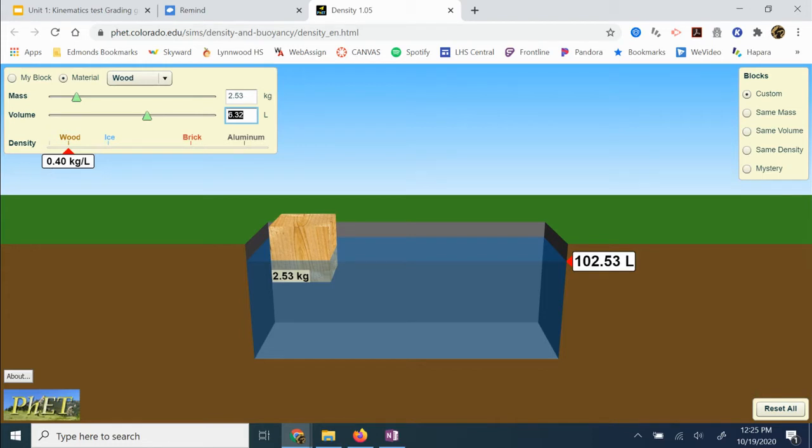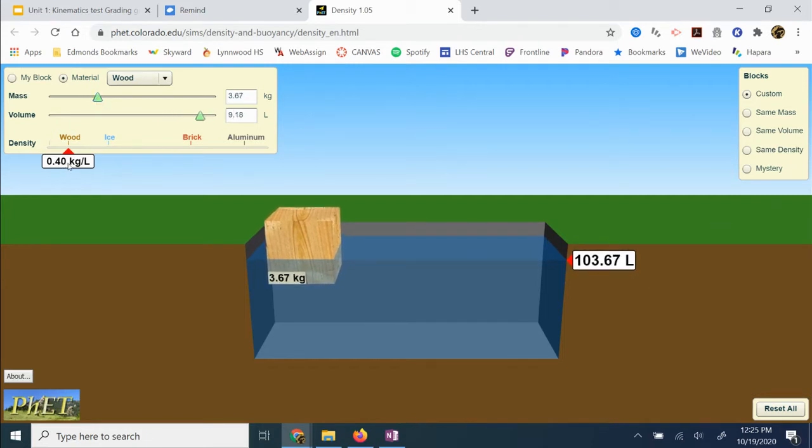Next, it says when you move the slider for mass to increase it, what happens to the volume? So we grab this slider and I move it, and we'll note that the volume increases as well. You can see the block actually getting bigger. And why is that happening? If you think about it, this number 0.4 can't change.